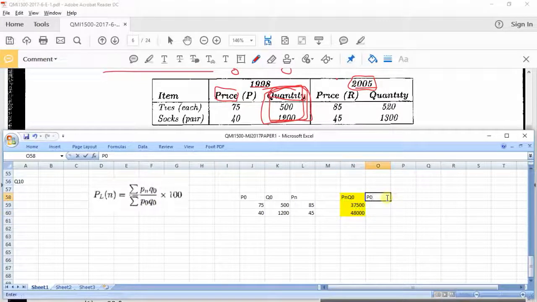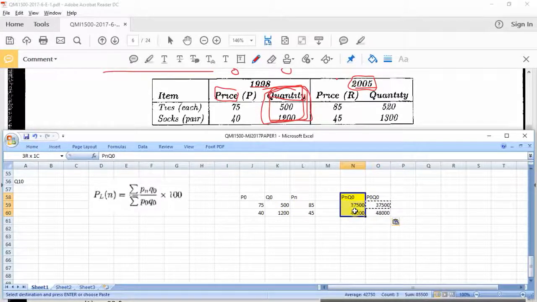Then I look at P0 and Q0, the denominator: P0 there times Q0 there gives me that.